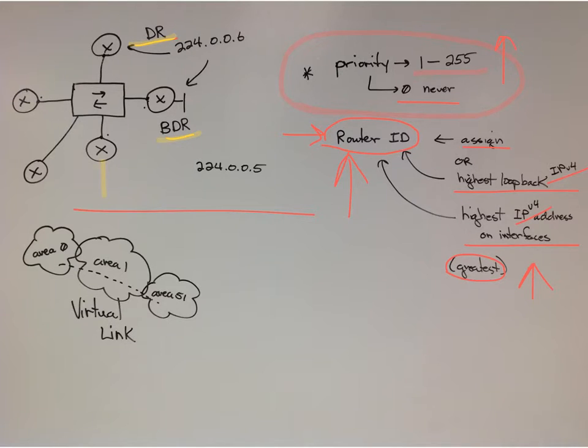Even if you add a router with a higher priority, this doesn't change unless you would do a shutdown, take that one down, and even if this has a higher priority, it still goes to the backup. So you'd have to shut that down in order for a new election to take place. And then the highest priority would win.